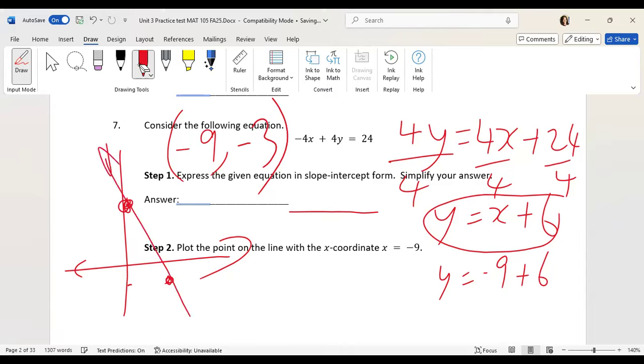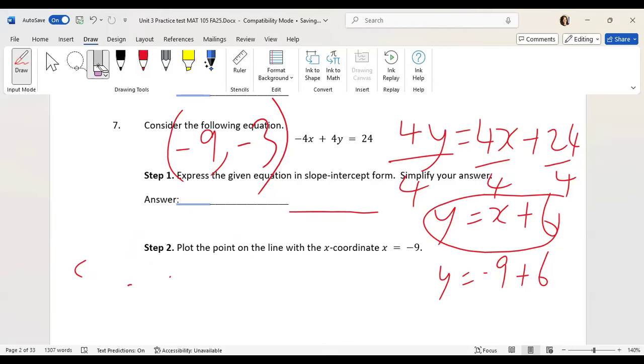let's make sure the one I just drew is the original equation. I'm going to clean this one and draw the original equation. The original equation, which we are told to find, is y equal to x plus 6.